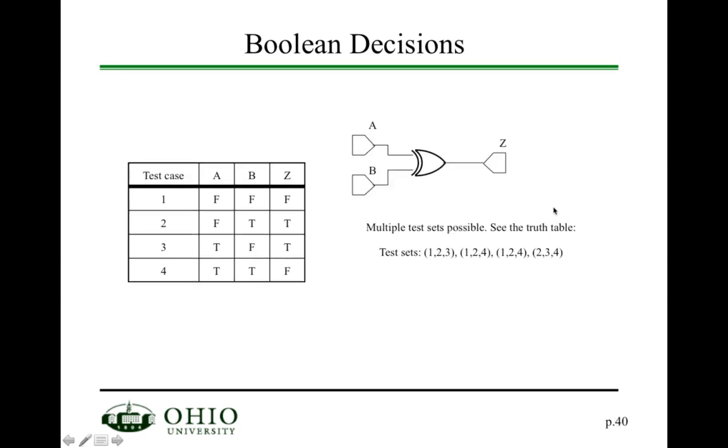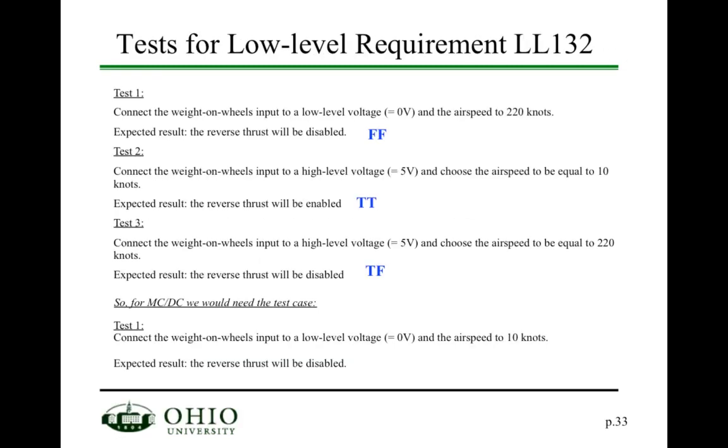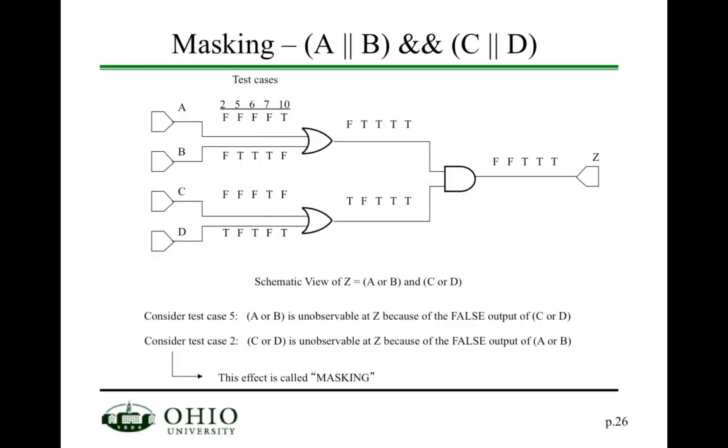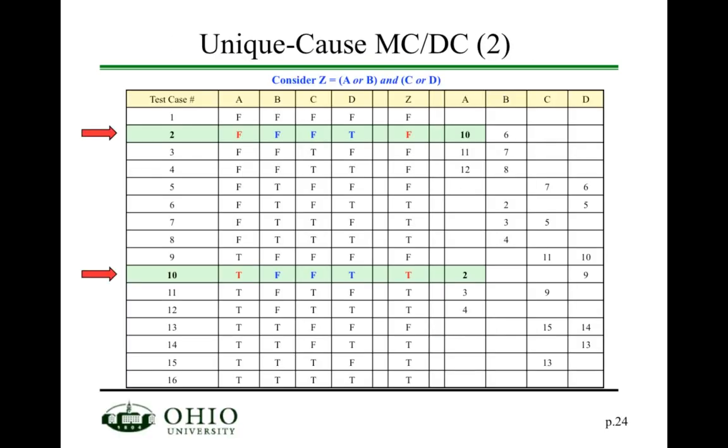Now if you have an exclusive OR gate, you have multiple options you can take, so how do you get that? You get that from solving this very simple truth table in a way similar to what we did earlier in either masking or unique cause MCDC. Actually, we need this one. Yeah.